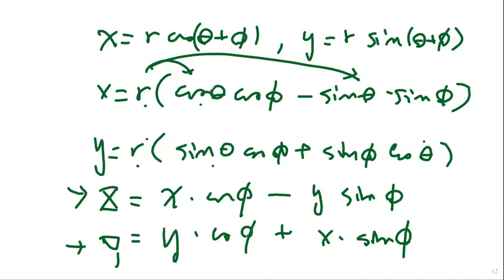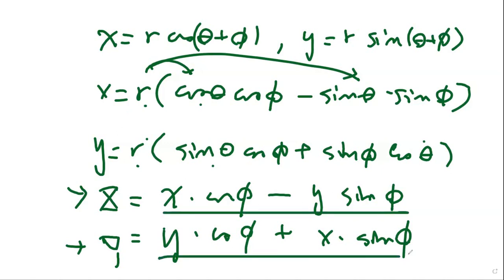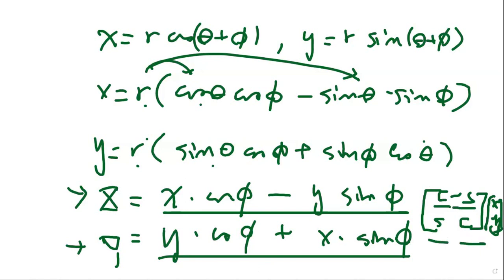Does that make sense? And this should be able to give you the formulation for the matrix. Because it becomes cosine, minus sine, sine, cosine, times the original xy. I'm using c for cosine and s for sine.